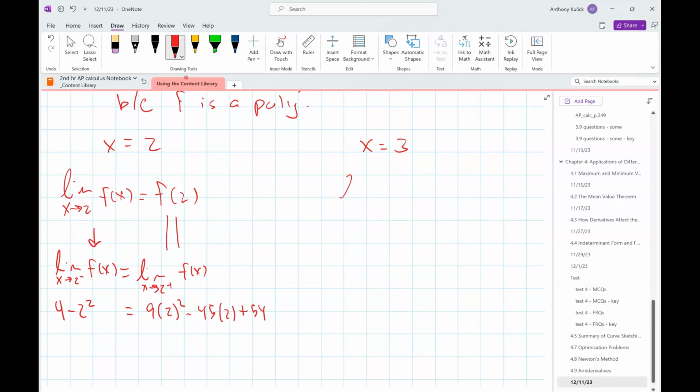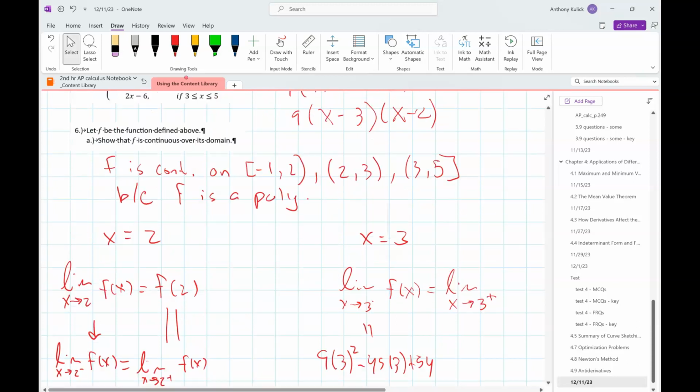To do 3, we need to do the same thing. So we'll look at the left-hand limit and the right-hand limit. When I do the left-hand limit, that's just me plugging 3 into this. But again, I'm not really plugging into there.